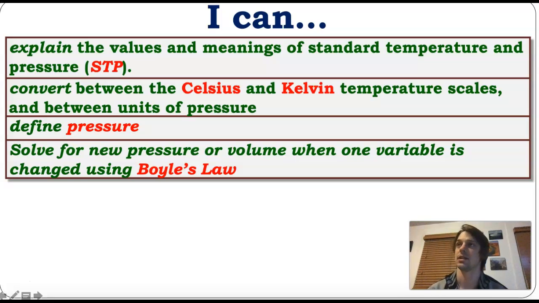Our last video we defined pressure, and hopefully you got comfortable converting between those units of pressure. And today we're going to start looking at what happens if pressure changes. How does that affect other variables, specifically volume? And we're going to learn our first gas law, Boyle's law.